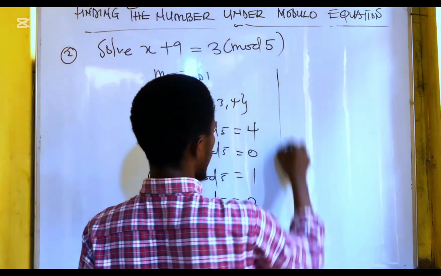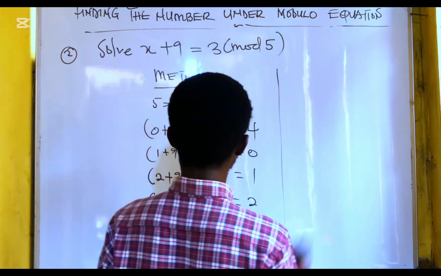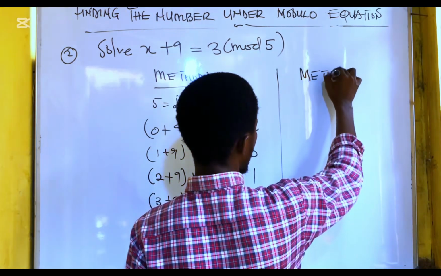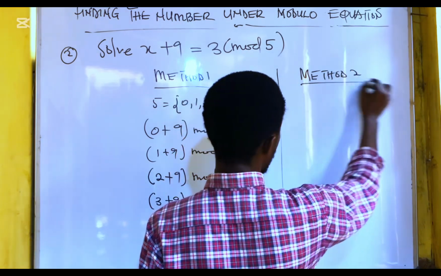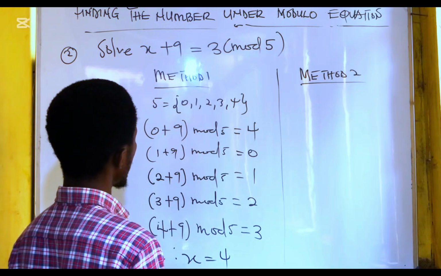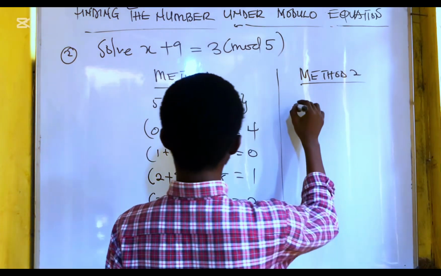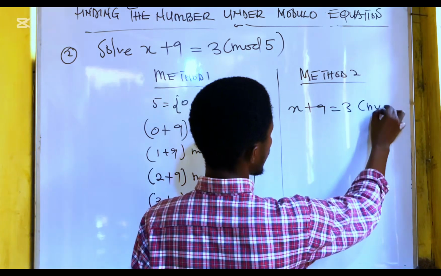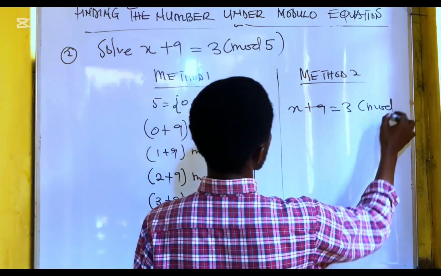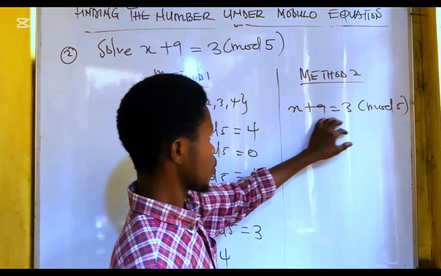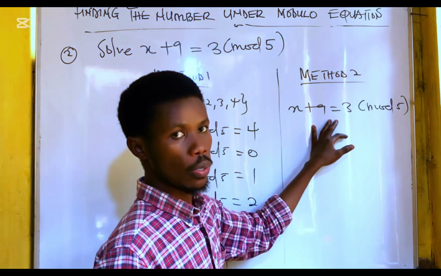Now let's look at method 2. So method 2, we are going to have x plus 9 equals 3 mod 5. Now here, you solve it just like you are solving linear equations.